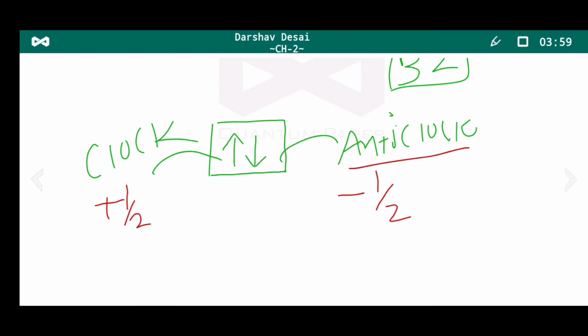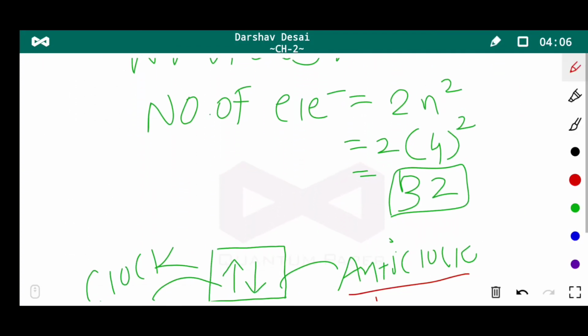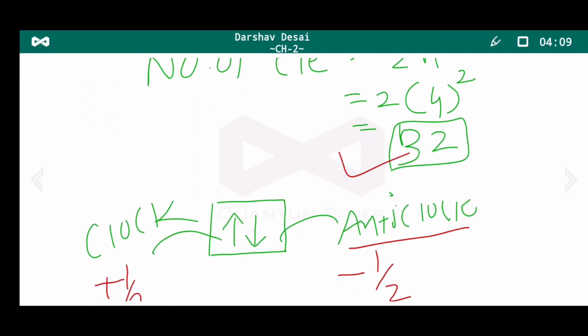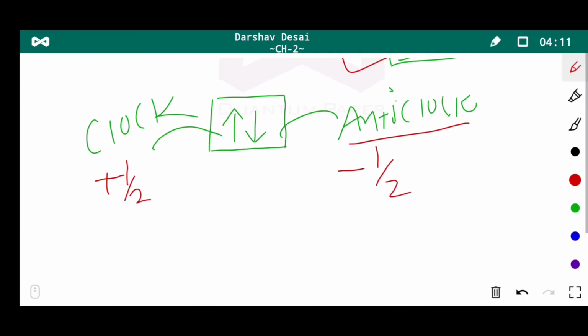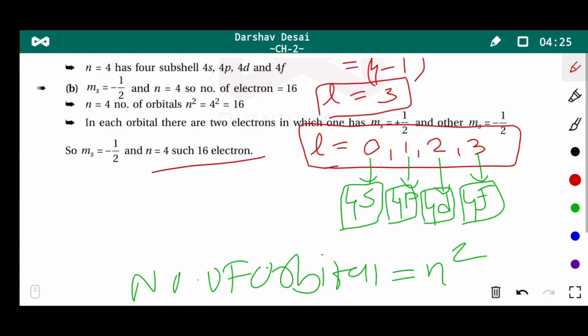Now the question is only electrons having minus 1 by 2. So naturally total number of electrons is 32, but we have to determine only minus 1 by 2 electrons. So half, plus 1 by 2 will have 16 electrons, so minus 1 by 2 will also have 16. So answer is number of electrons is equal to 16. Okay, 16 electrons having spin quantum number value minus 1 by 2.